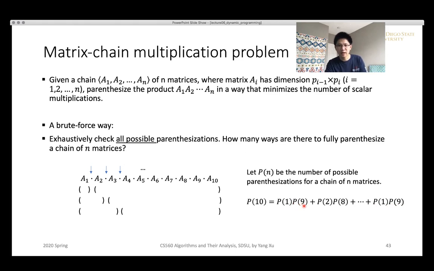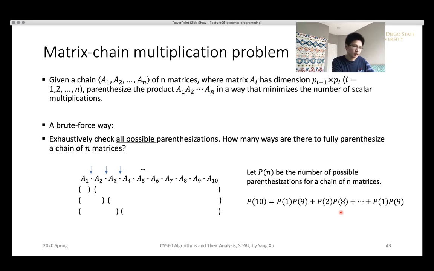Because P of 9 is the number of possible parenthesizations of multiplying A2 to A10, P of 2 is the number of parenthesizations between A1 and A2, and P of 8 is the number of parenthesizations between A3 and A10. So that's a very recursive way of doing this computation.